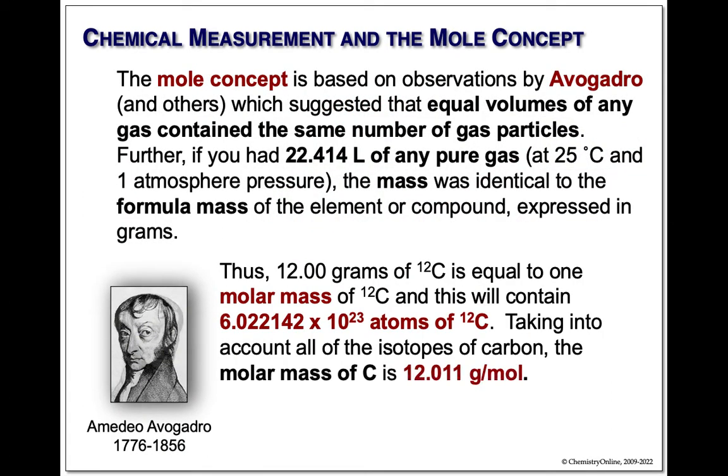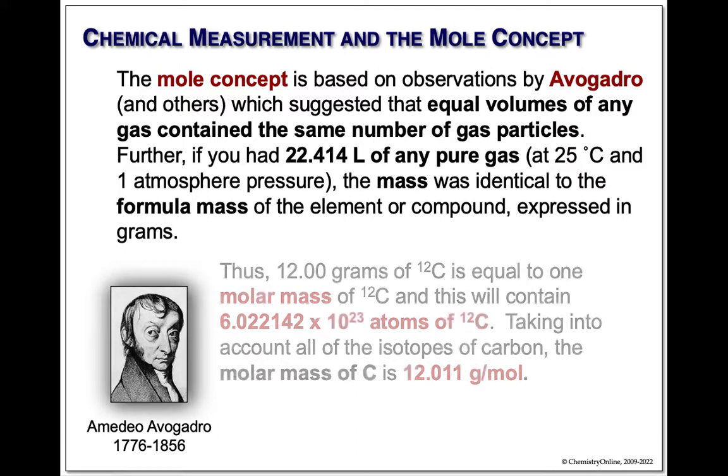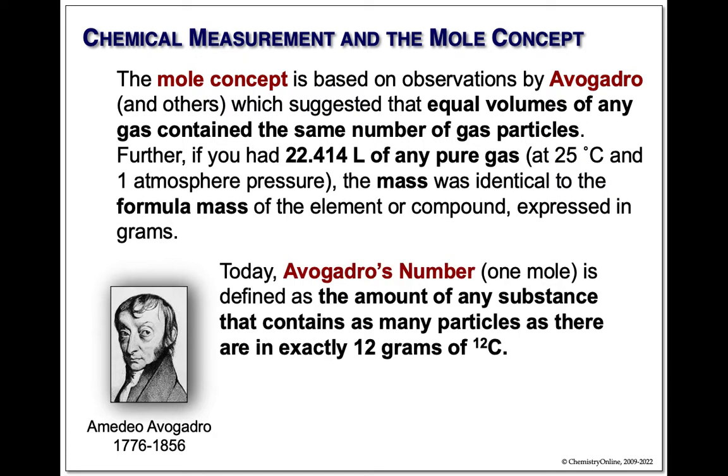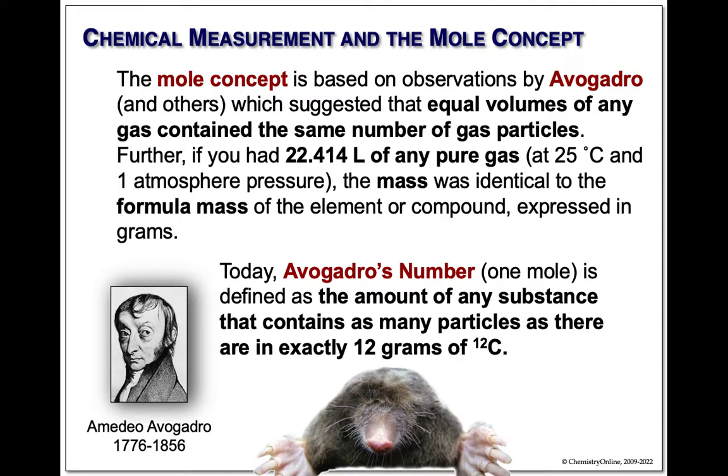Well, today they define, based on carbon-12, the isotope, exactly 12 grams has 6 times 10 to the 23rd atoms, and in fact, they go one further and ignore the number and say that Avogadro's number is actually 12 grams of carbon-12. 6 times 10 to the 23rd is what we're looking at.